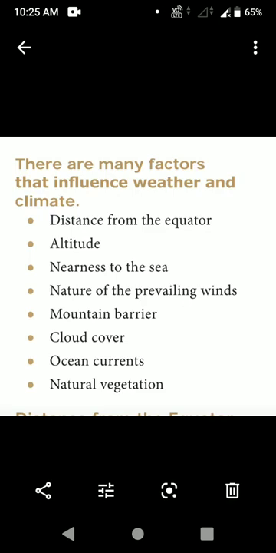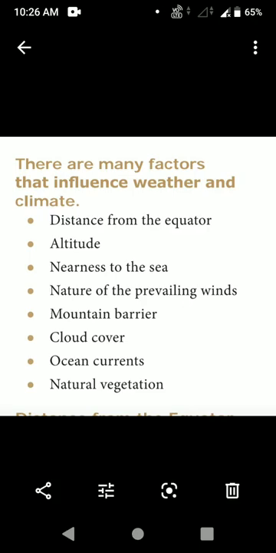During daytime, the land gets heated more than the ocean. During night time, the land cools more than the ocean. So the wind that blows from ocean to land is called sea breeze. The wind that blows from land to sea is called land breeze. Okay, students, did you understand?